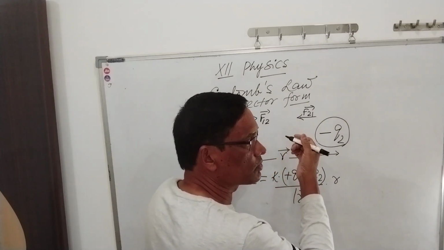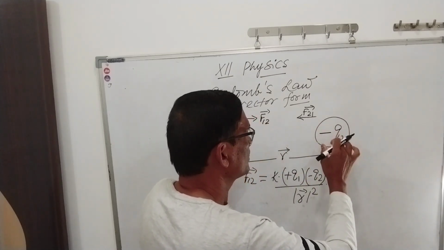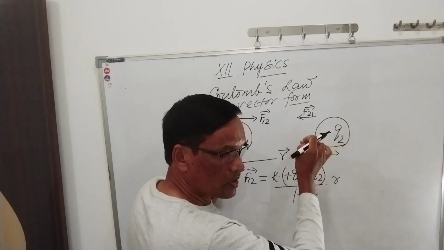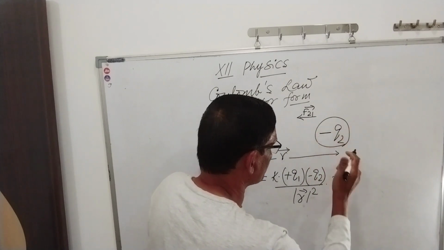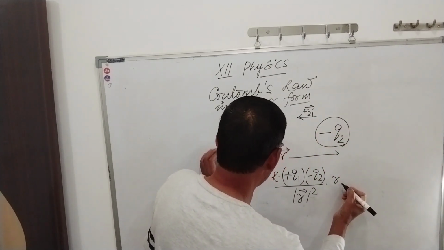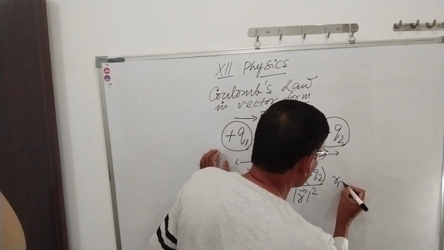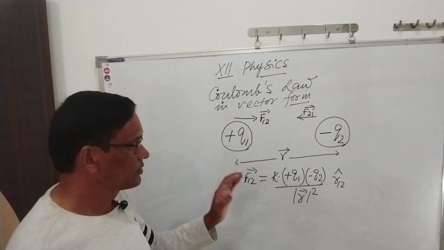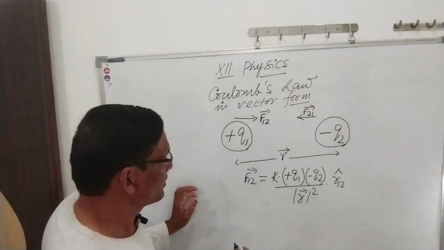Force on 1 due to 2 is acting in this direction, right? Q2 is pulling it. That means this is the force of attraction. So force on 1 due to 2 will be in the direction of the force 1 to 2, right?